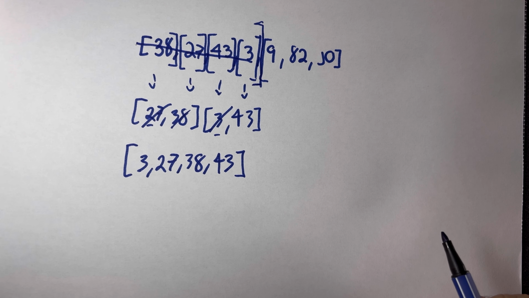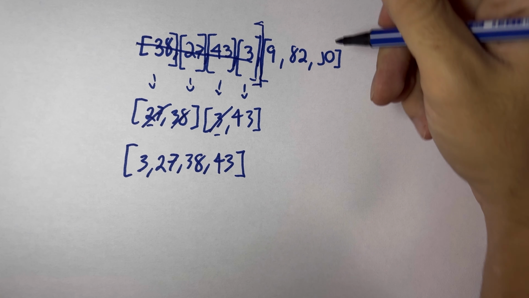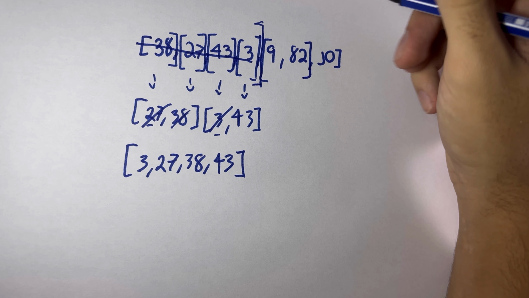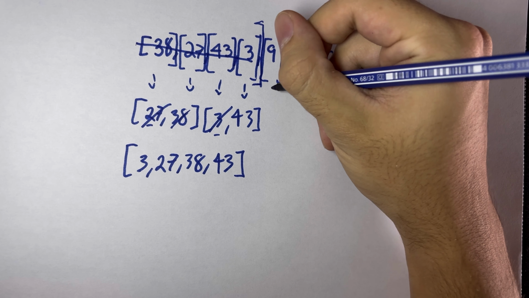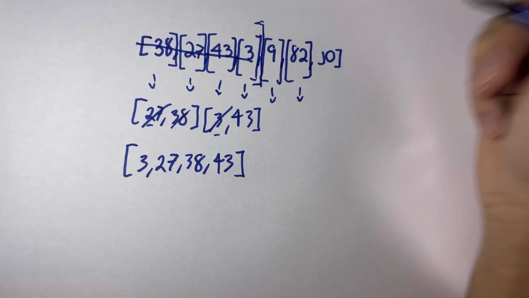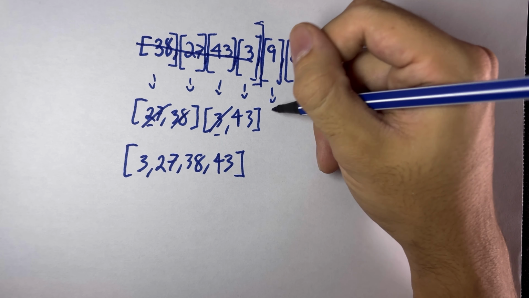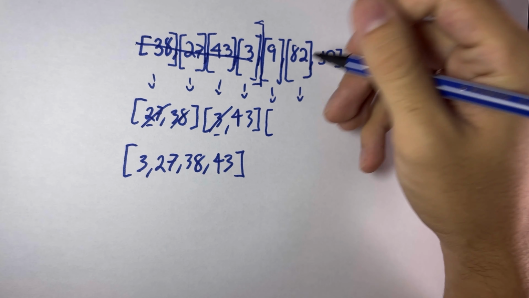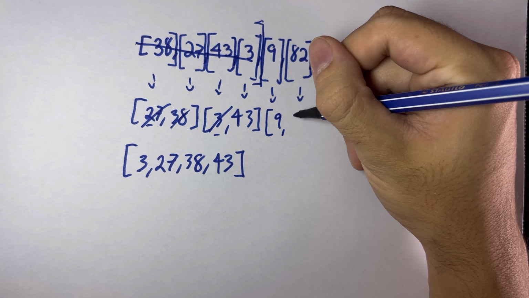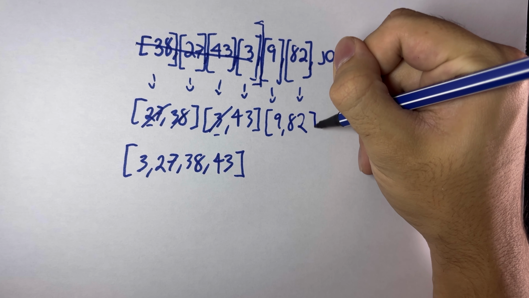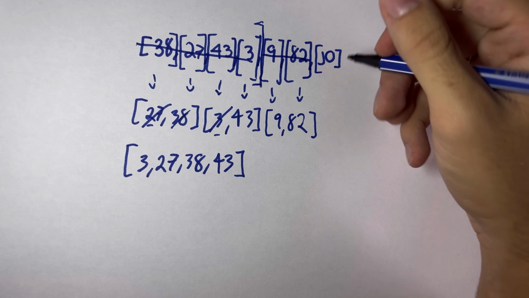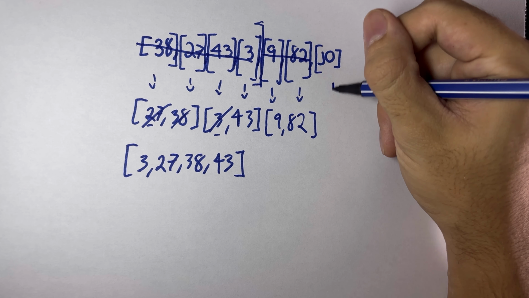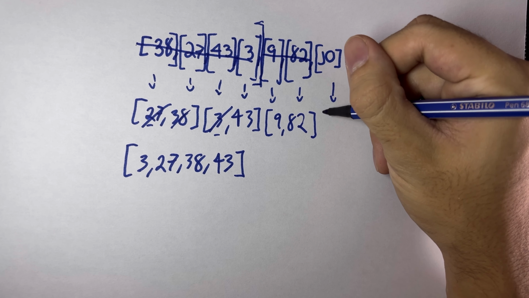Let's do the same with the second part. We're going to divide it here, and divide it again, and we're going to compare. We're going to compare 9 with 82, and it is already sorted: 9, 82. And we're going to compare with this only one element left here, number 10, that is already sorted.